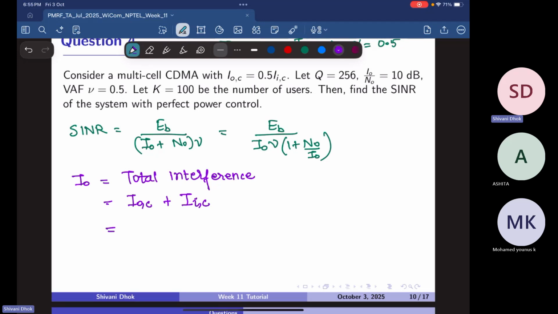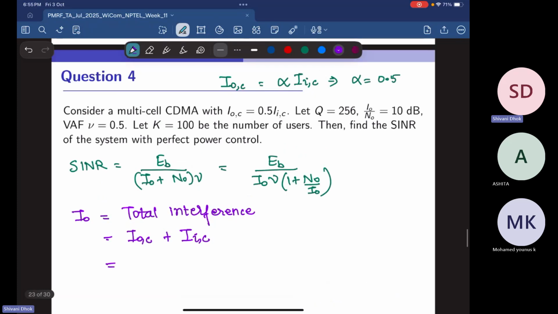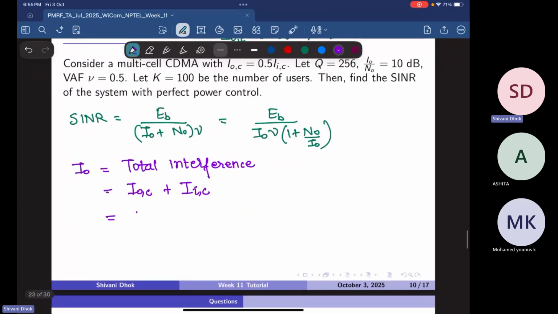You are given that your I_OC, let's be very generic, is alpha times I_IC. So alpha times I_IC plus I_IC comes out to be equal to 1 plus alpha times your I_IC. Now if there are a total of k users, the other k minus 1 will be interfering with you. So this I_IC is the interference from other users in your cell.